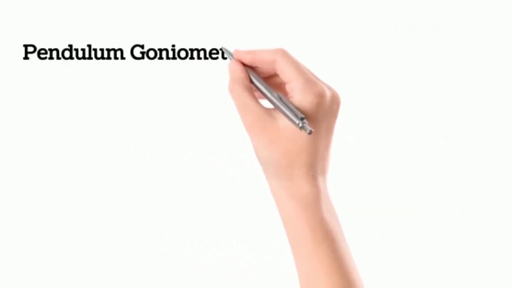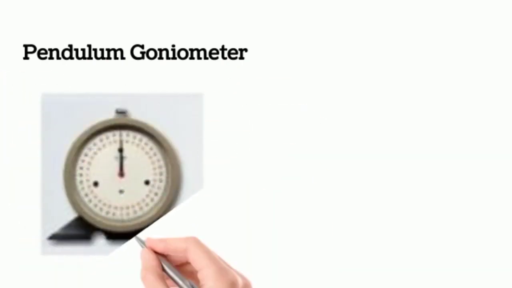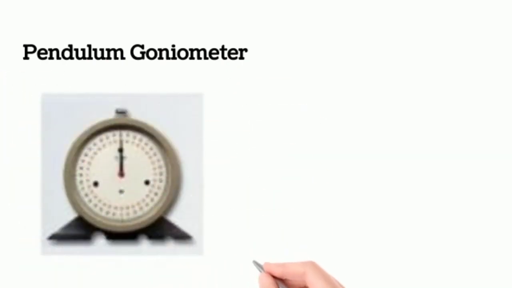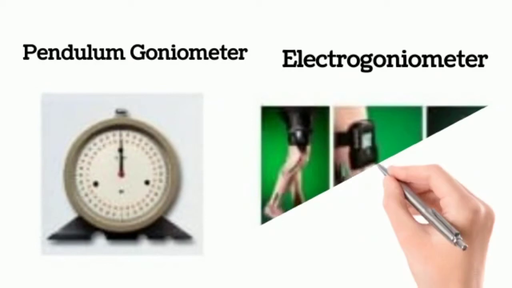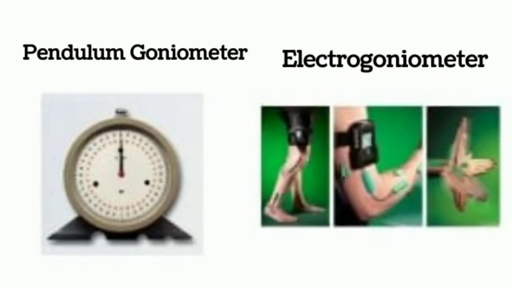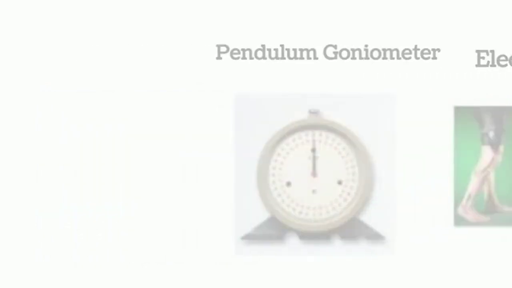Now coming to the pendulum goniometer, in this picture we can clearly see a 360 degree protractor with a weighted pointer. And the last one is the electrogoniometer. It has 2 arms. One arm is attached to the proximal end and the second one is attached to the distal end.